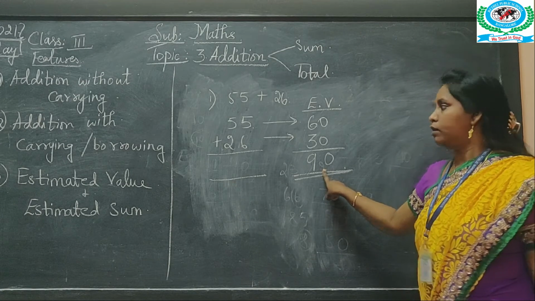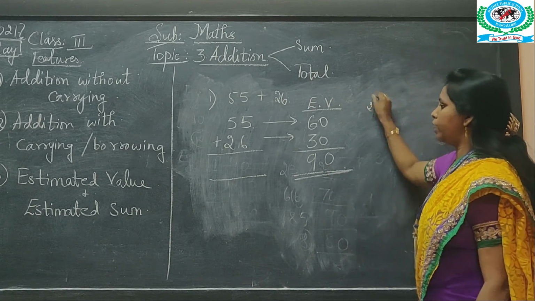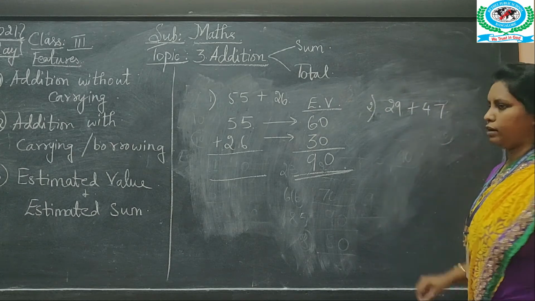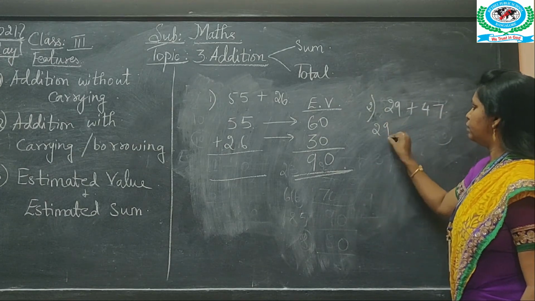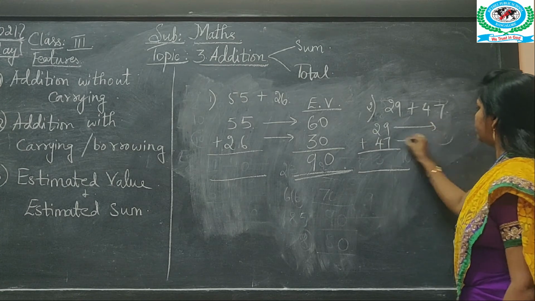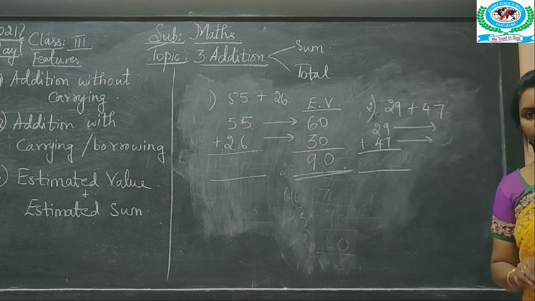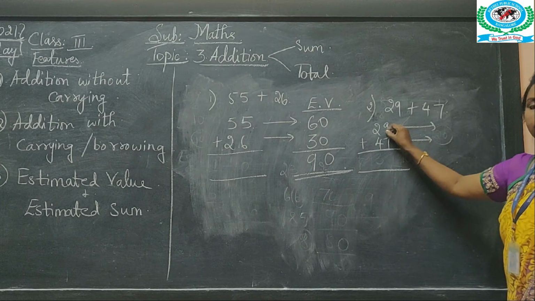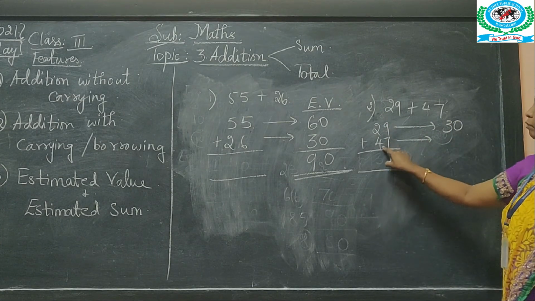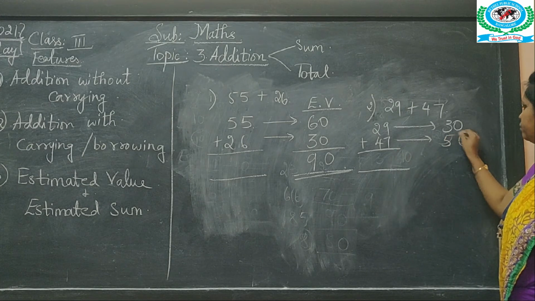Okay children, suppose I give you another example, 29 and 47. First you write 47 on the place value chart. Now find the estimated value of 29. This 29 is nearest to which number? It is 30, and 47 is nearest to 50.